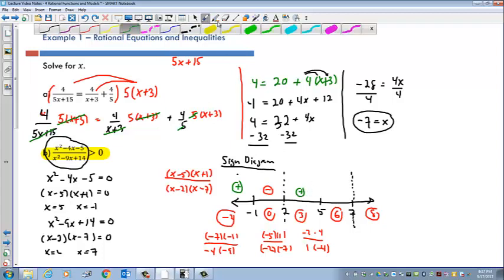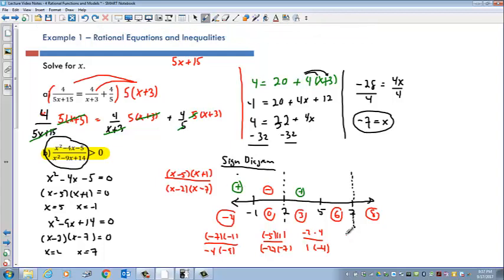And then we'll plug in 6. When you plug in 6 on top, you get 1 times 7. And on the bottom, you're going to get a 4 times a negative 1. So positive on top, negative on the bottom. Positive divided by negative is a negative. And finally, when you plug in 8, you're going to get 3 times 9 divided by 6 times 1. And of course, that's a positive.